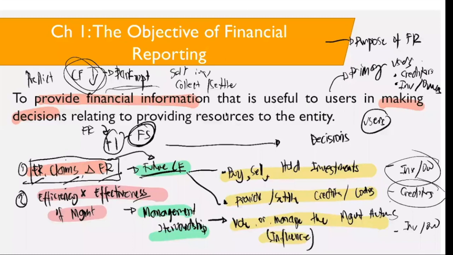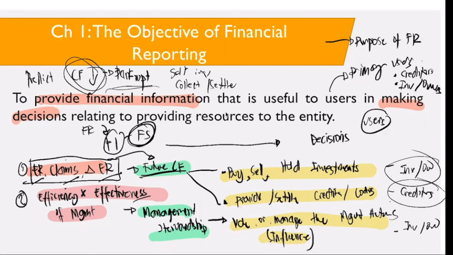That is to vote or manage or influence the management actions. So we can help our managers to gear towards the prosperity of the company, or if ever we don't like our managers, we can vote them out or we can elect another manager. Or if the manager is working effectively, then we can opt to continue keeping that manager.